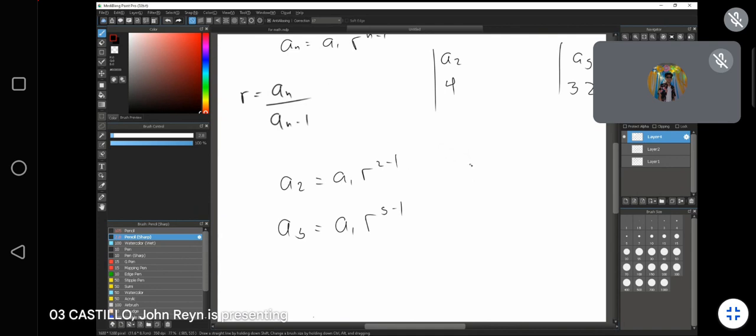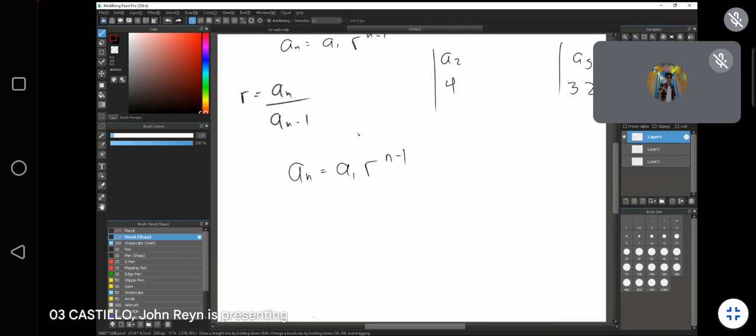Okay, yan. Yung 3 minus 1 yan, palitan mo muna lahat ng n minus 1. Okay, so A1 lahat, R n minus 1. So that is the formula that we always have to remember here in the geometric sequence.